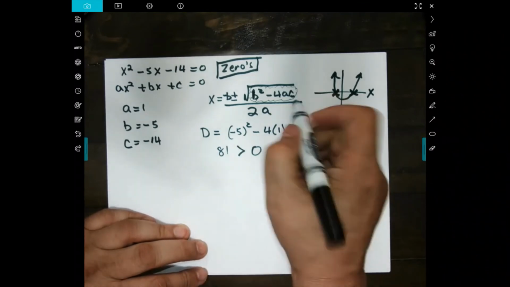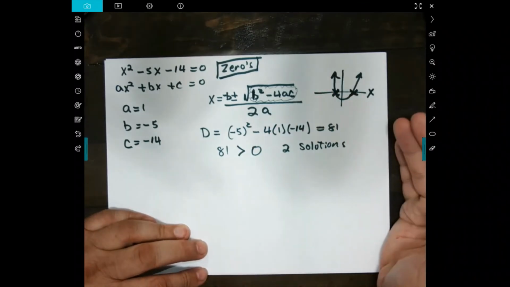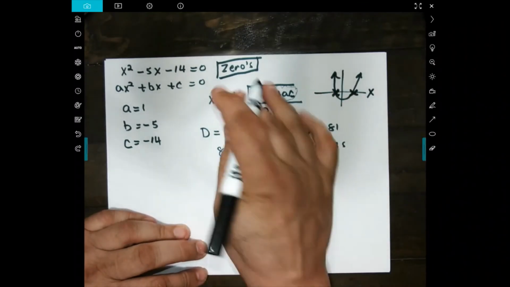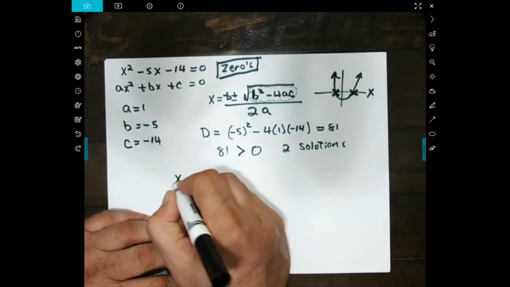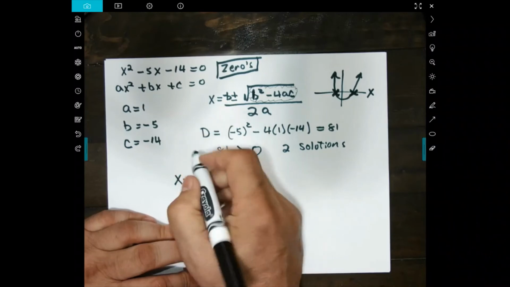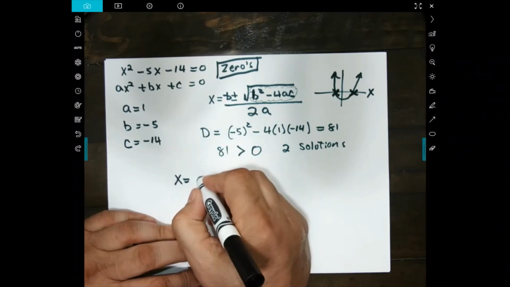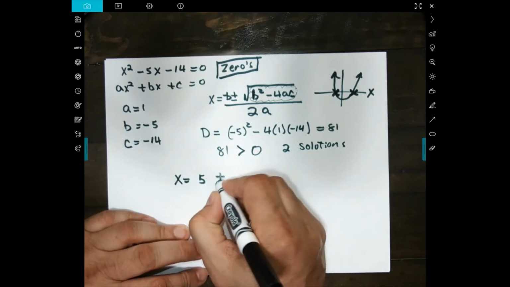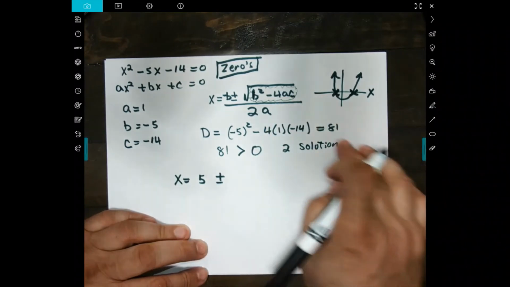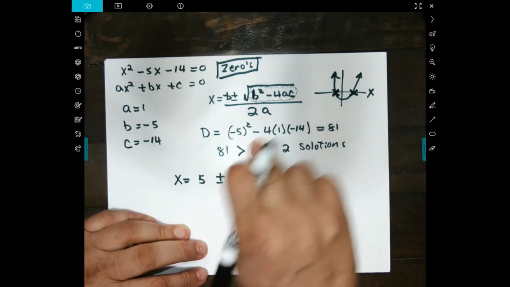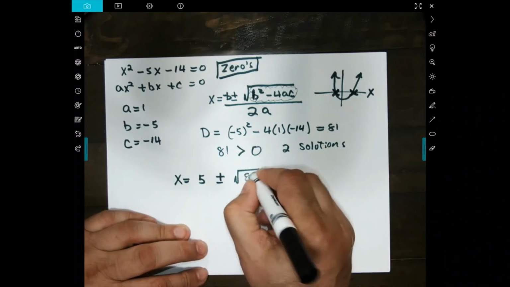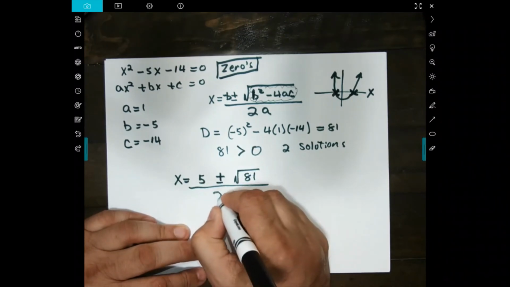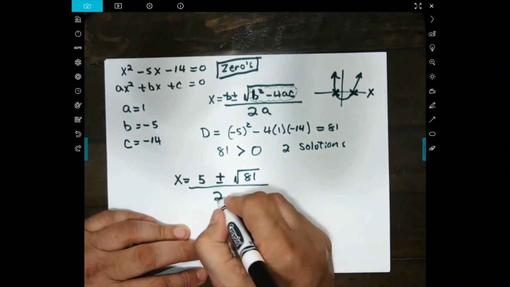So we know that this term under the radical is 81. Now let's go ahead and finish the equation since we know there's two solutions. So we have x equals negative b, so negative 5 is 5, plus and minus the square root of 81, over 2 times a, which is 1, so that's over 2.